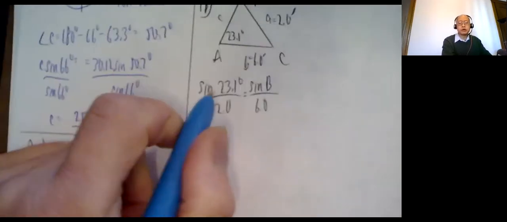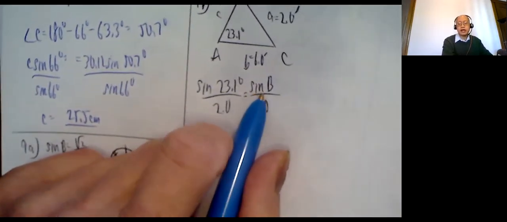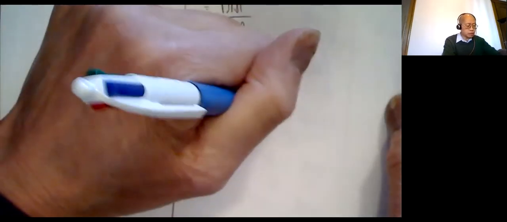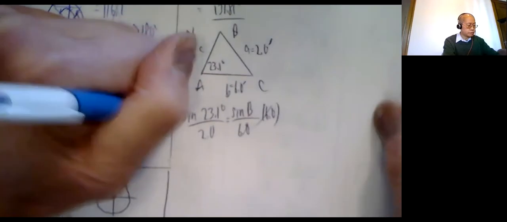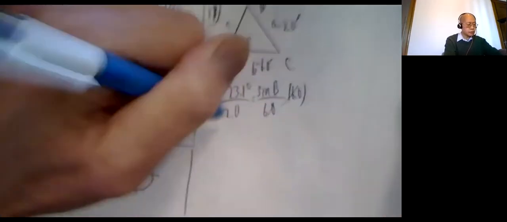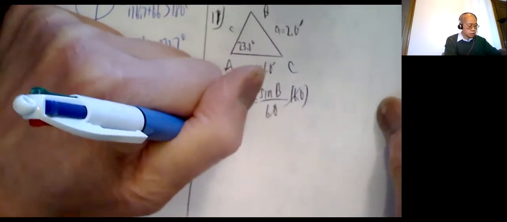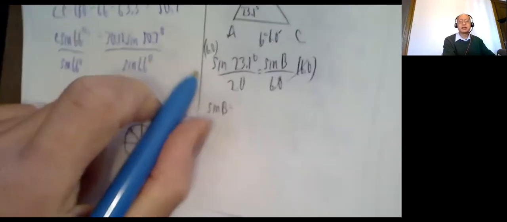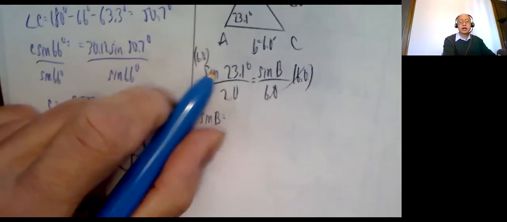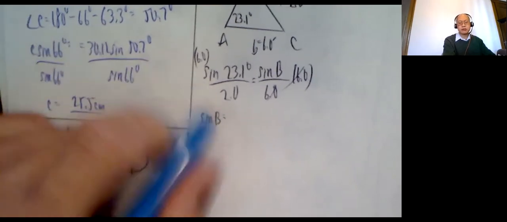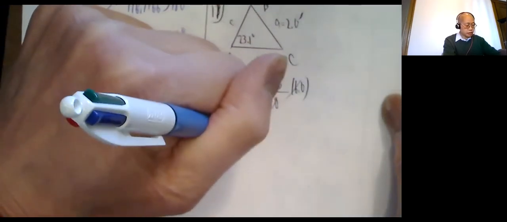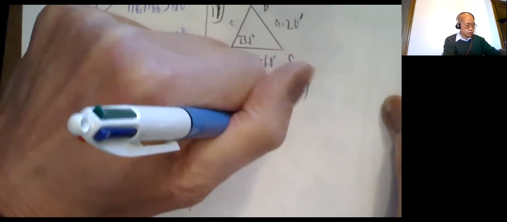Now, I could cross multiply, but I'm trying to isolate sine of B anyway. Why don't I just multiply both sides by 6.0? And that cancels out. So sine of B is 6 sine 23.1 divided by 2.0. Well, 6 divided by 2 is 3. So it's basically 3 sine of 23.1 degrees.